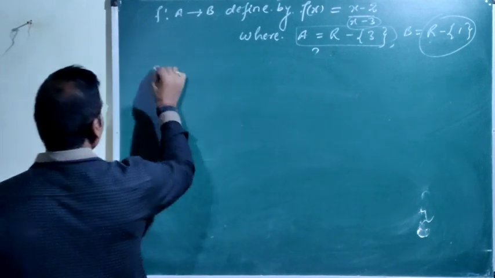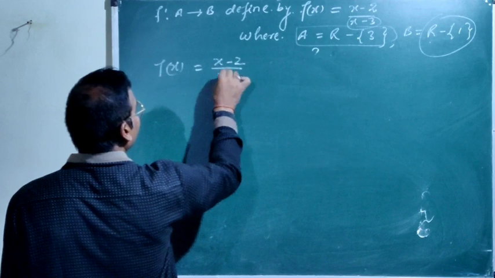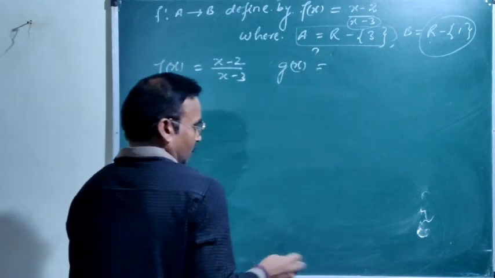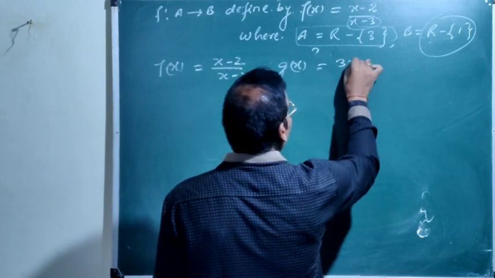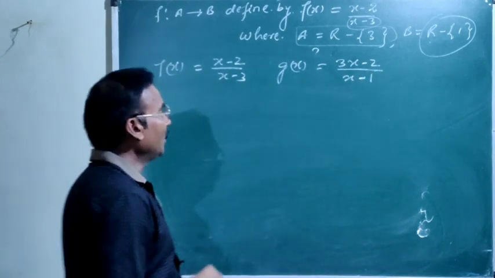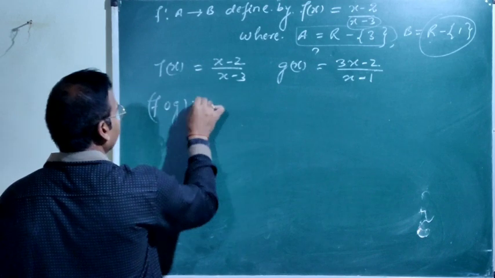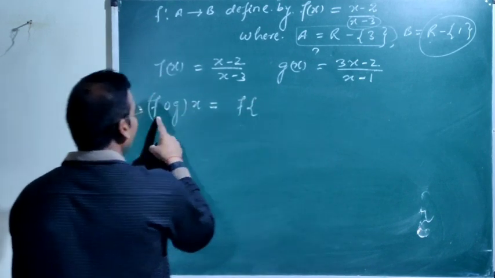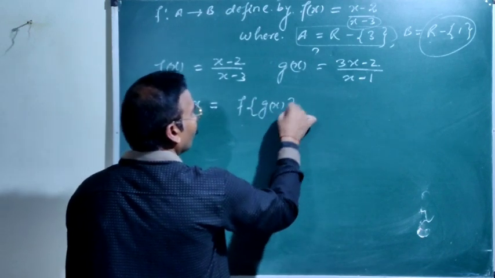Okay, so here f(x) equals (x minus 2) by (x minus 3), and g(x) equals (3x minus 2) by (x minus 1). Now f of g(x). We can write f of g(x), and what is g(x)?